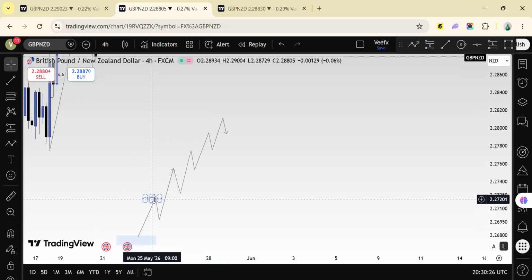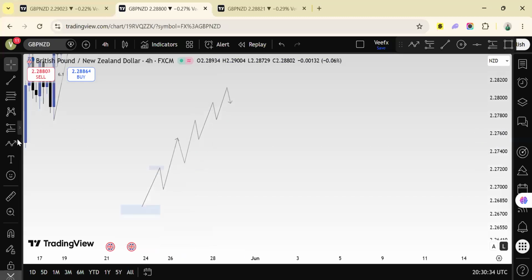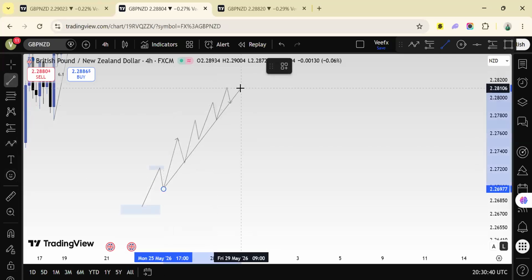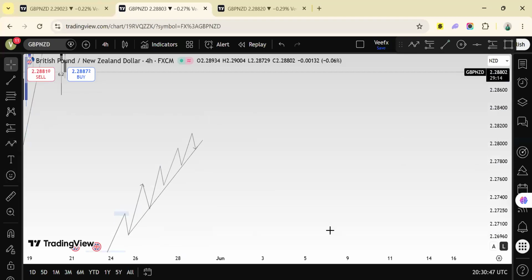A series of higher highs and higher lows, and it must maintain that trend. And if you draw your trend line, you're going to see that it literally connects. That is to say that this is a clear uptrend pattern, which is the first type of way that price makes its movement.